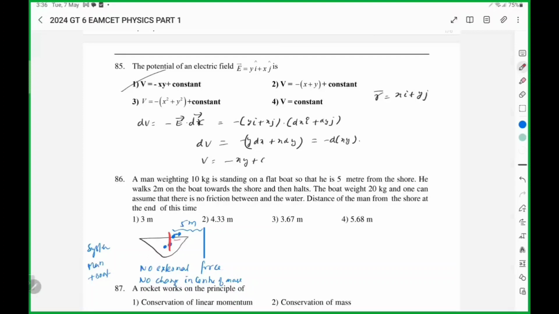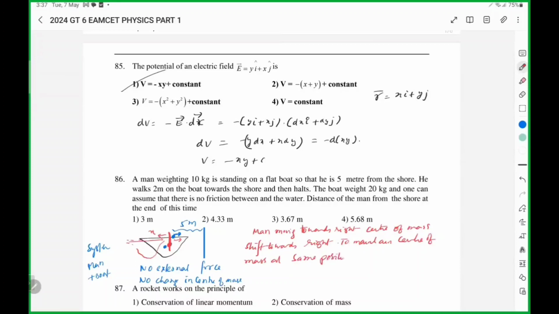But in practice, the man is moving towards the right, so the center of mass shifts towards the right. Since that should not happen, to maintain the center of mass in the same position, the boat moves towards the left by x meters.